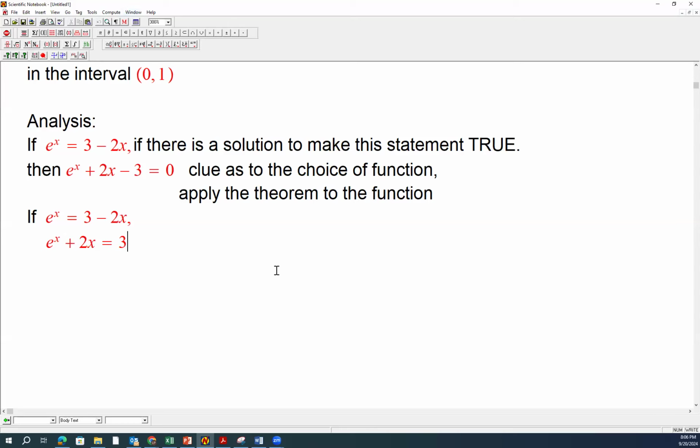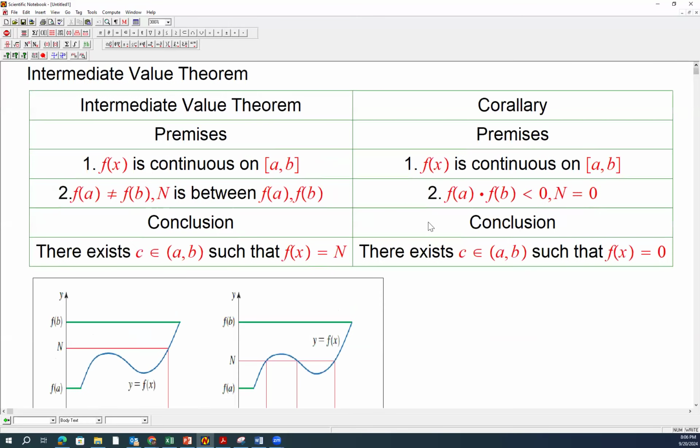So you can make your capital N be 3. But then you have to construct an interval AB so that capital N is between f of A and f of B. I hope you understand what I meant here. Is the given interval work for that?